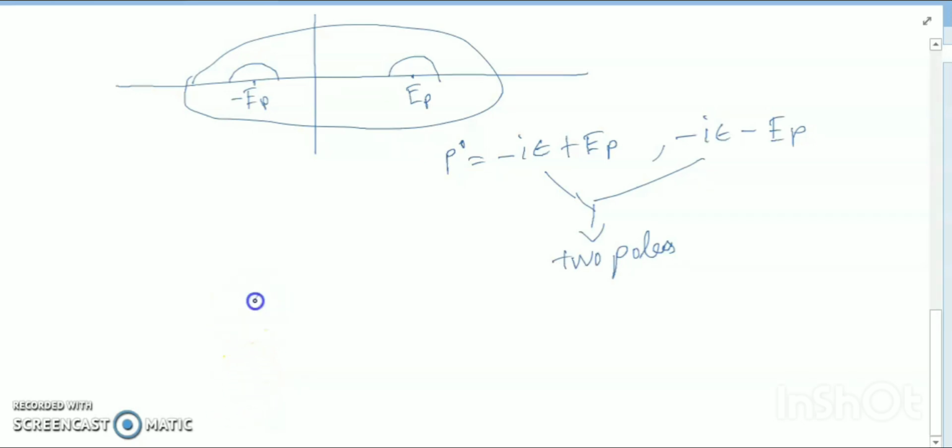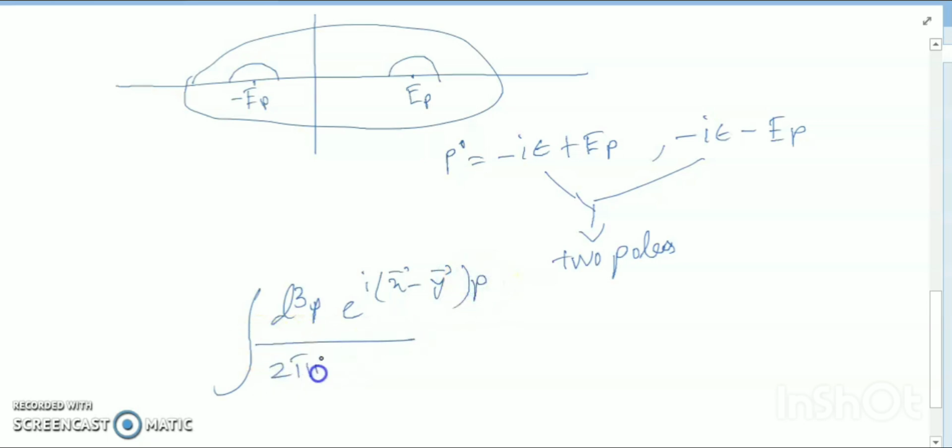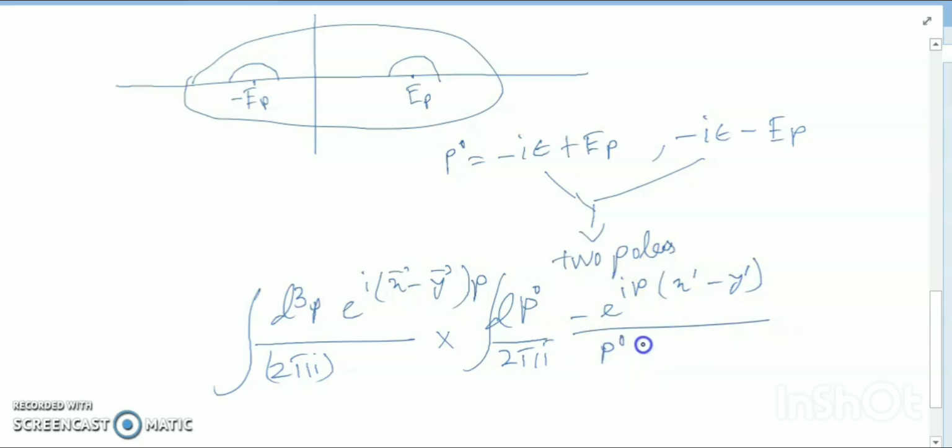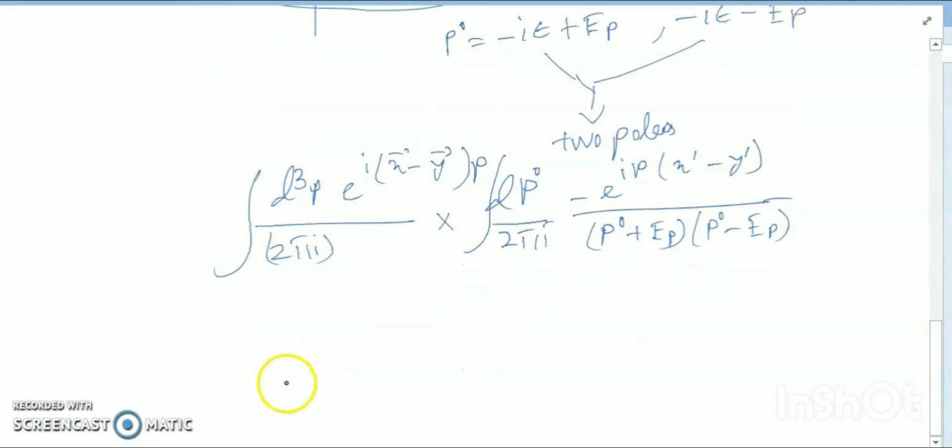I can write it this way: d³p into e to the power i p·(x−y), into p divided by 2π i, then 2π i into dp0 divided by 2π i, e to the power i p into (x' − y') divided by (p0 + εp) into (p0 − εp). Just apply the residue theorem.